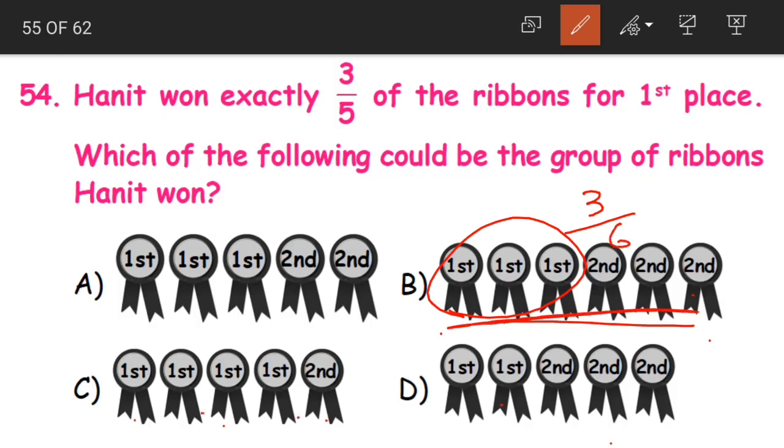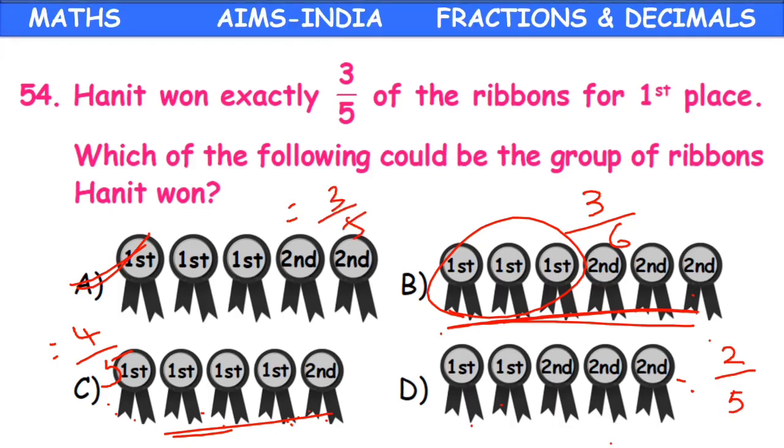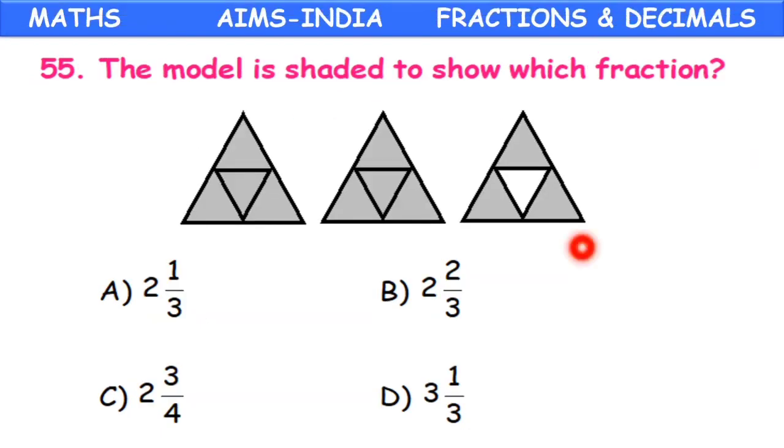In option C, 4 ribbons are for first prize out of a total of 5. This represents 4 by 5, and option D is representing the fraction 2 by 5. So only option A is equal to 3 by 5. That is why it is our correct answer.